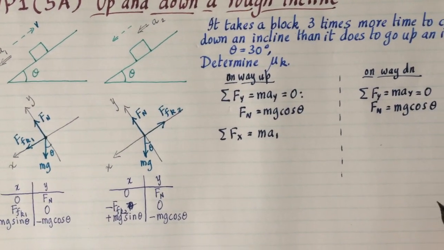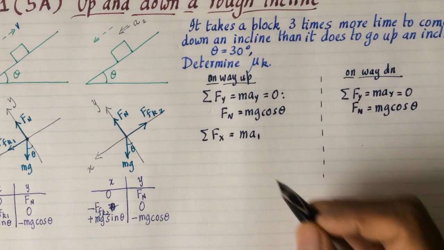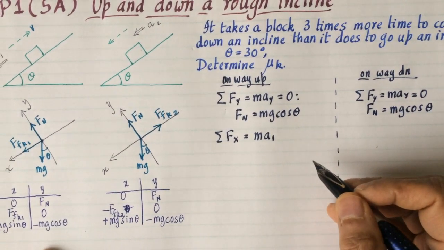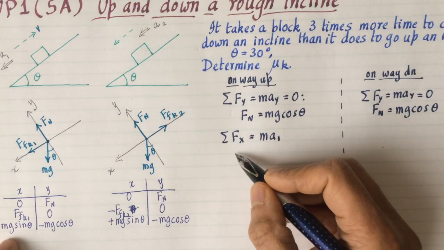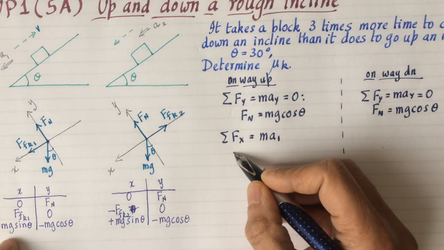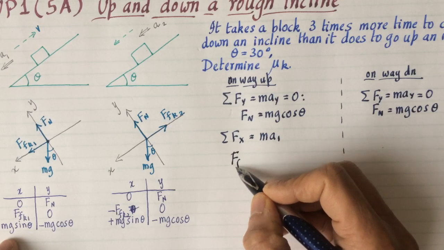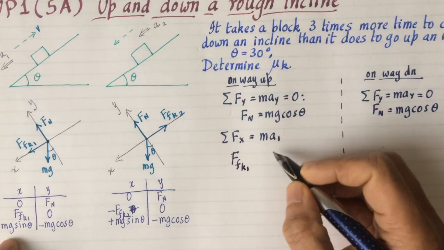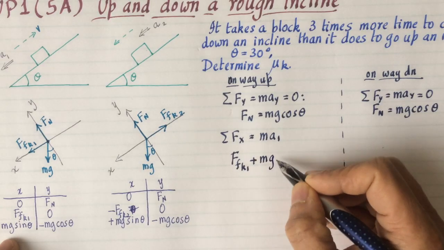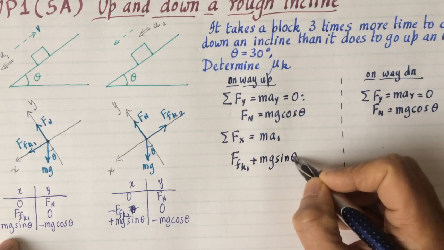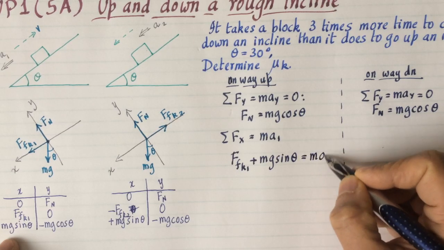So let's proceed with that. Look at all the x forces. It's this plus this. So Ffk1 plus mg sine theta is equal to ma1.